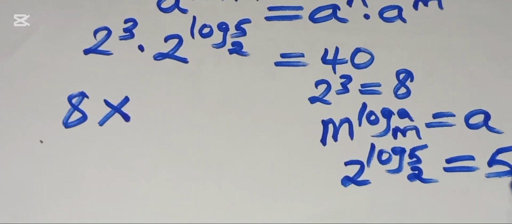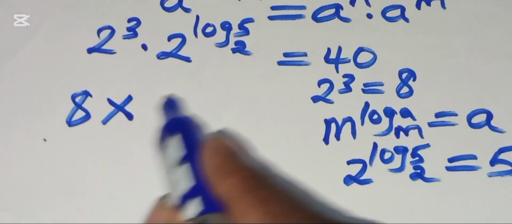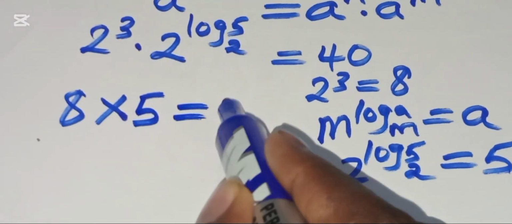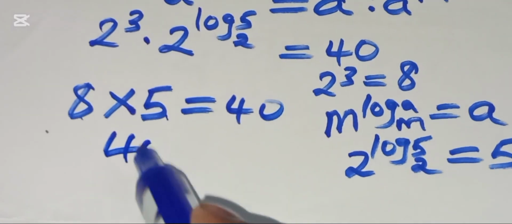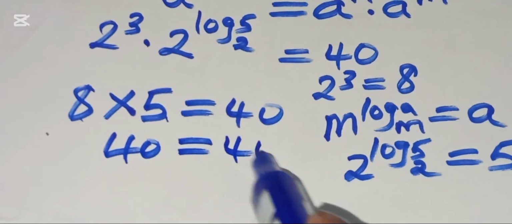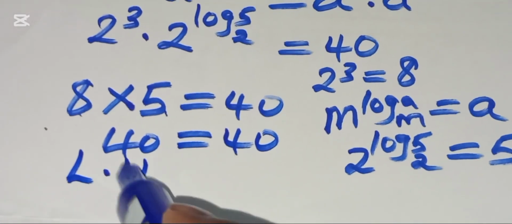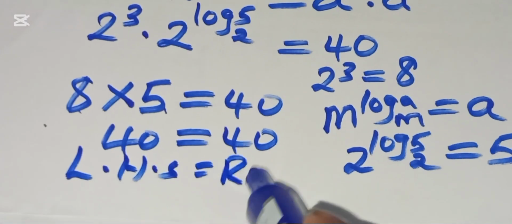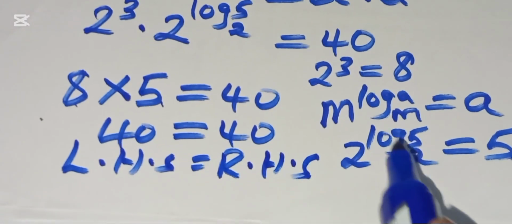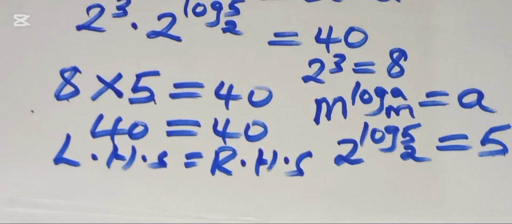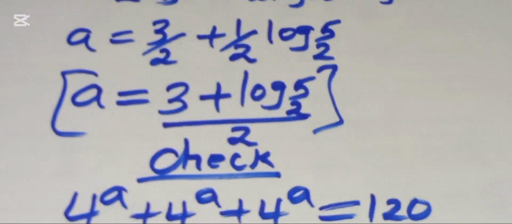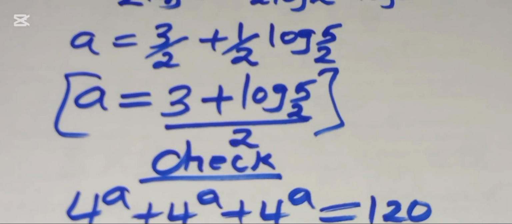Let's substitute this value of 5. We'll have 8 times 5, which is equal to 40. That means the left-hand side is equal to the right-hand side, and that affirms that the value of a is equal to 3 plus log 5 to base 2, divided by 2.